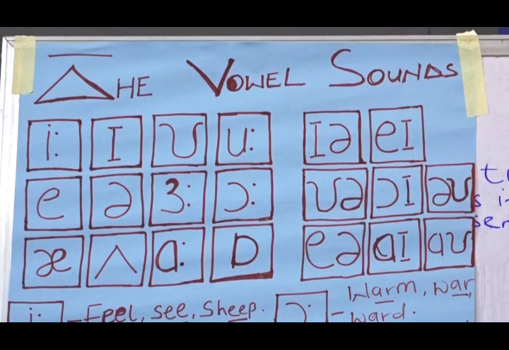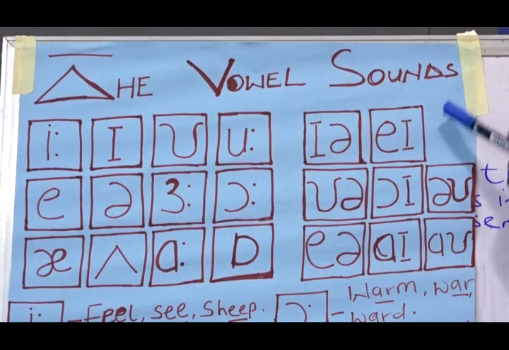We usually say a vowel is equal to A, E, I, O, U. But vowels can also refer to these sounds as well, the vowel sounds of the English language.